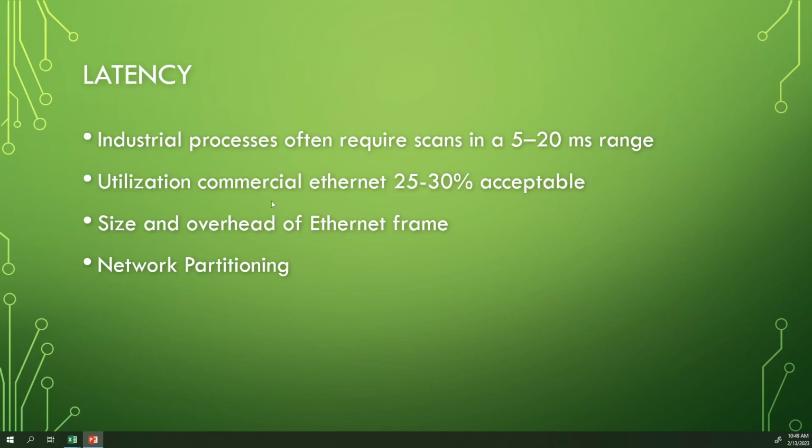The other thing is how clogged up your networks are. That's what we're talking about with this 25 to 30% being acceptable. When you say, I have a 10 megabyte network and I'm trying to send a few bits of information, 10 meg is plenty fast for that.